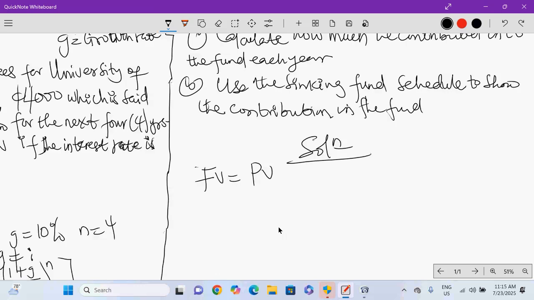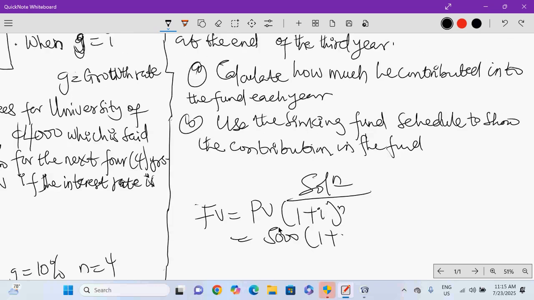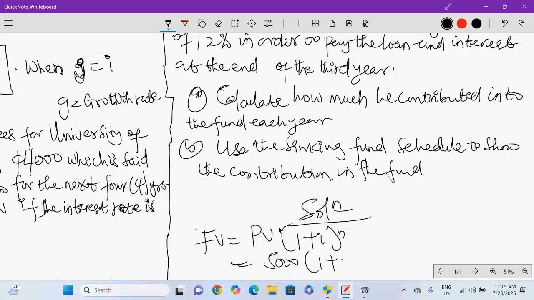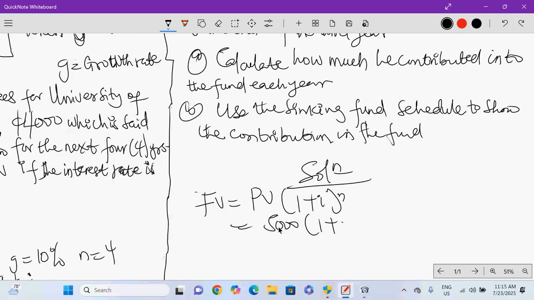So the future value of the loan is 5,000 times 1 plus i, exponent n. What is the interest rate? The loan interest rate is 10%, 0.10.